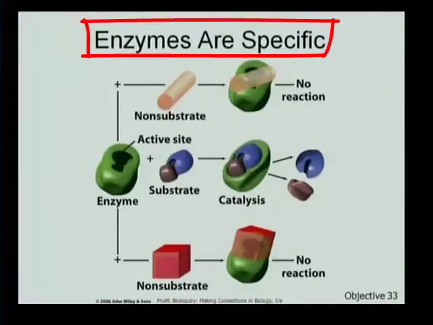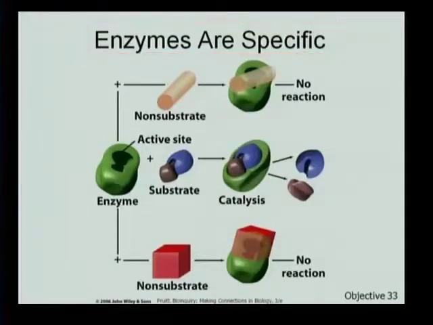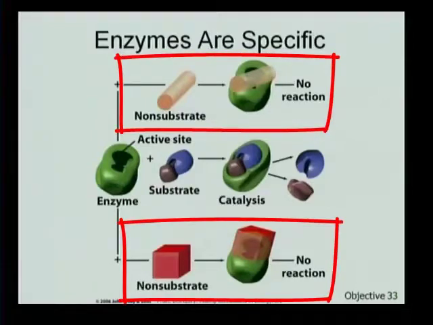Now, enzymes are specific. They don't go putting together just any old pair of molecules, or act on just any old molecule or pair of molecules, or sometimes three or more molecules. They have pockets that fit the shape of a particular kind of molecule or set of molecules that they're acting on. So if that molecule has any other shape besides the one that fits into the pocket, then the enzyme's not going to act on it.